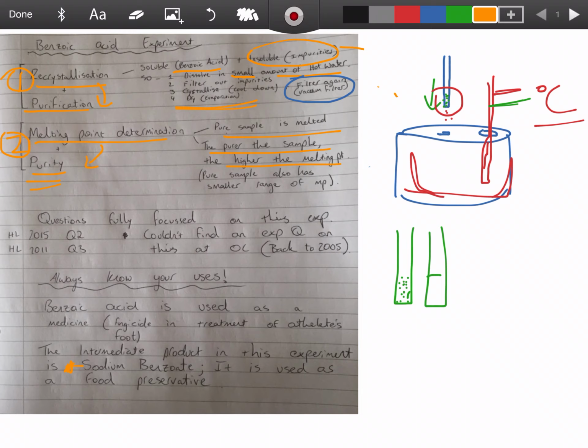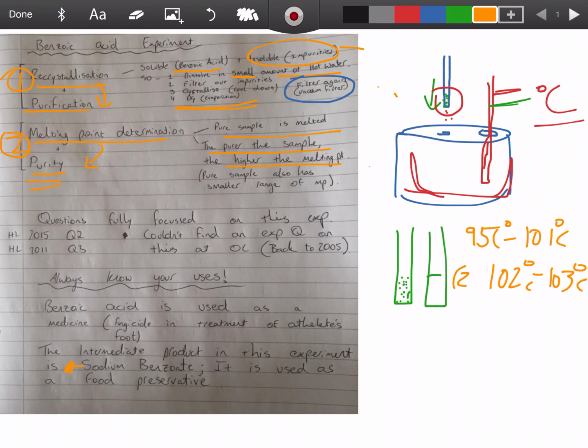In some of the exam paper questions, it talks about having 2 benzoic acid samples, and one of them has a melting point range, let's say from 95 to 101, and then another one has a range of 102 to 103, just for argument's sake.